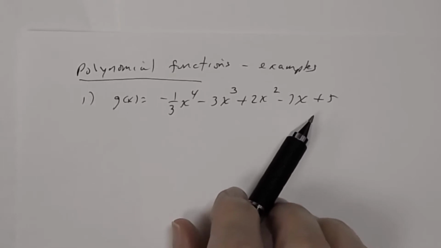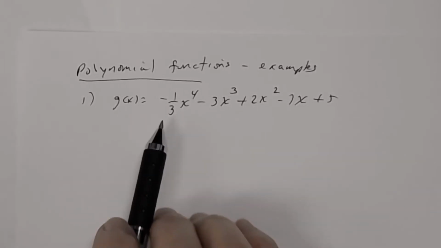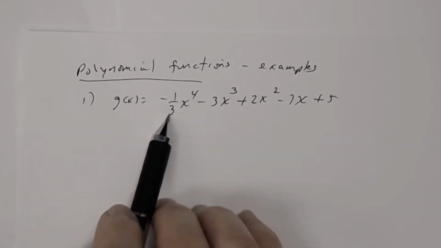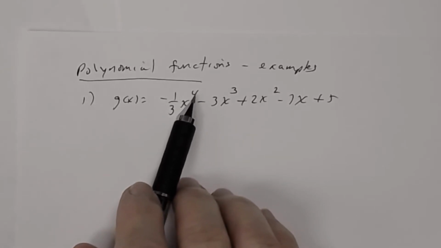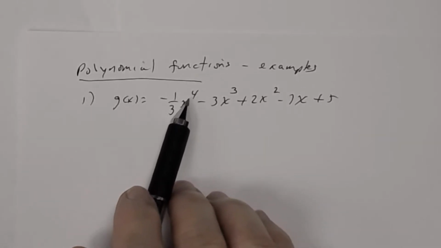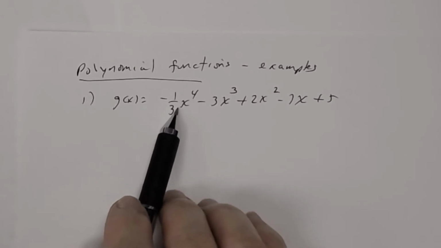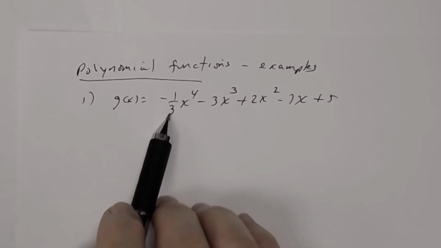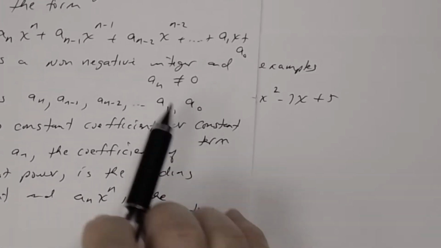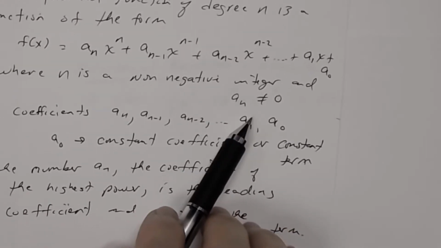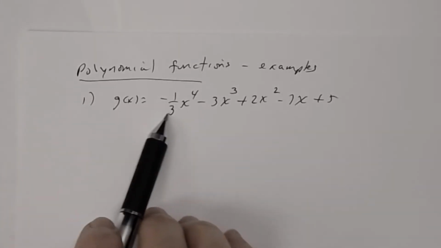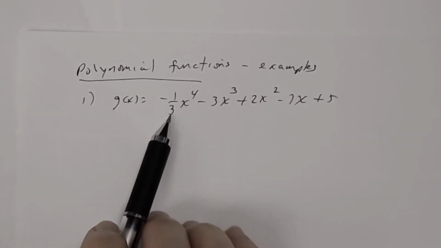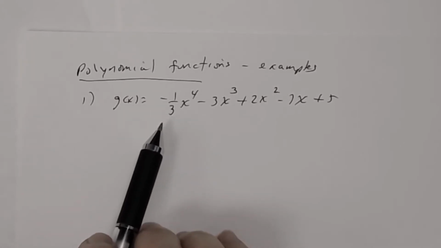Okay, so that's a polynomial function. Notice also that the coefficient of the term that has the largest exponent is not 0. That's what this is saying here. So a sub n, which is the leading coefficient, cannot be 0. Is it 0? No, it's not 0.